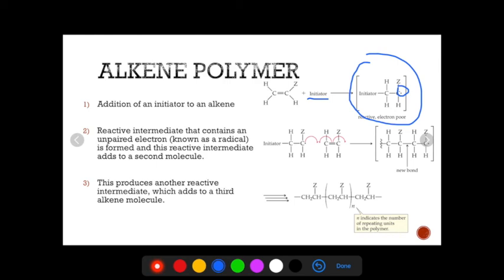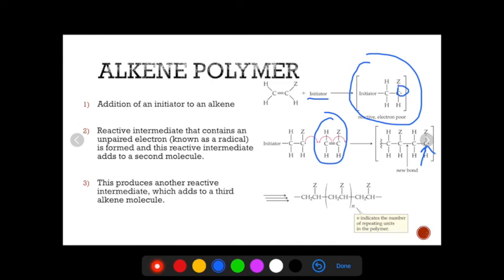Then it attaches to an alkene right here, which forms another reactive intermediate. So you can see the radical right there is formed. It just keeps doing that.